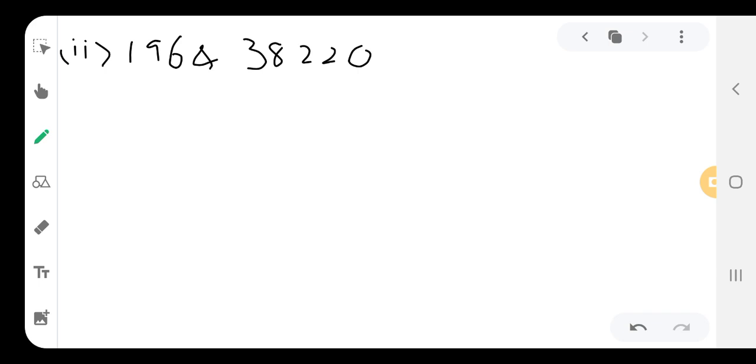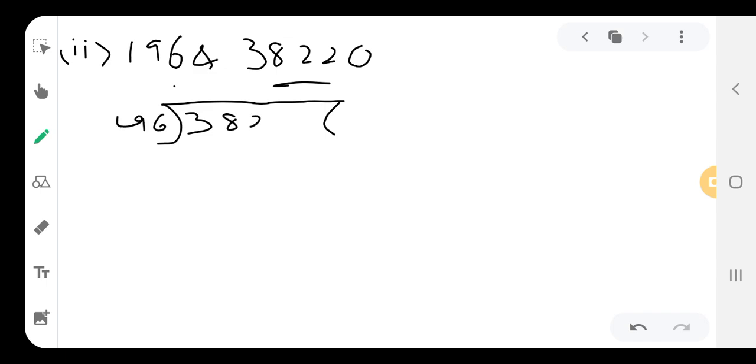So here 196 is lesser than 38220. So here we will take the divisor as 196 and the dividend as 38220. So 1s are 196.